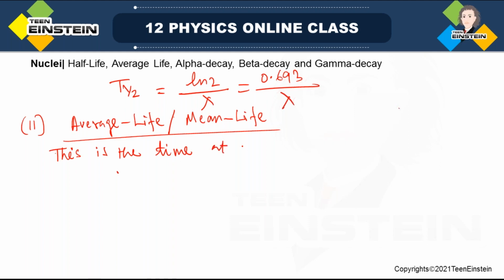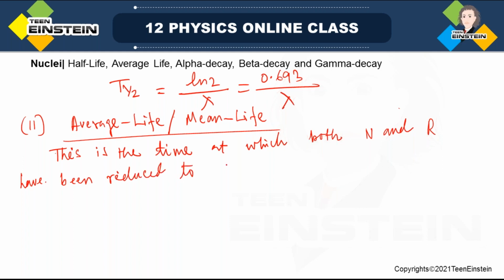Average lifetime is the time at which both N and R have been reduced to e to the power minus 1 of their initial values.